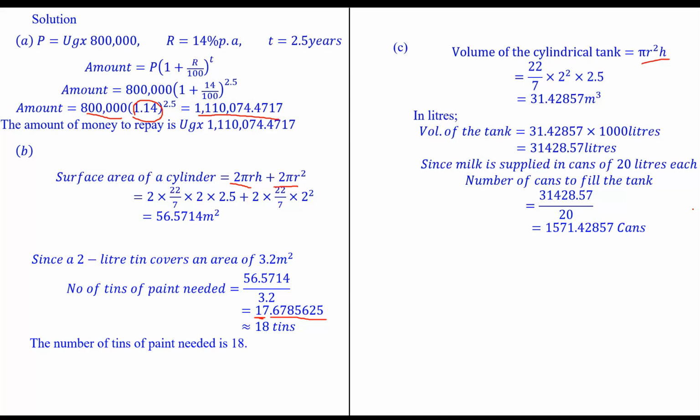But you can't have a can in the form of a fraction, so we shall round this off to 1,572 cans. So 1,572 cans will be needed to fill the tank. Thank you so much. That marks the end of this.